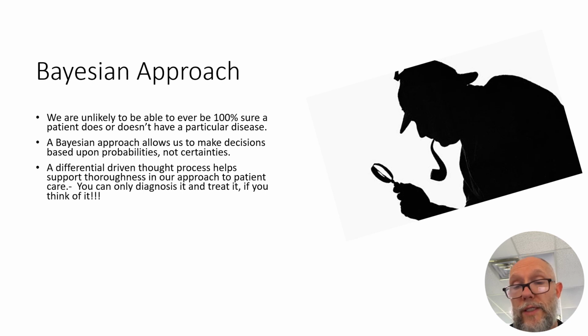So using a Bayesian approach and type 2 clinical thinking, all based around what you think is a legit differential diagnosis that you're willing to interact with, and being honest with yourself about your confidence levels in what the evidence is showing you, is going to help you become the most accurate, the most effective clinician that you can be. And of course, if you don't think about it, you ain't going to treat it. And if you're shooting at the wrong diagnosis, then you're not treating the patient's real problem.